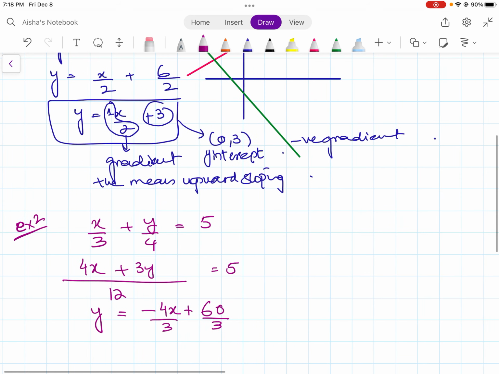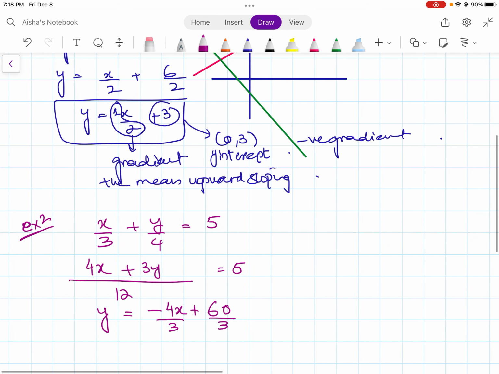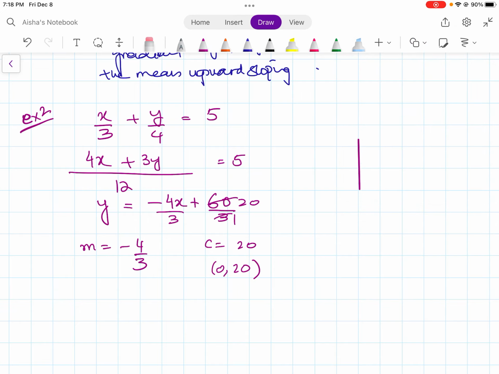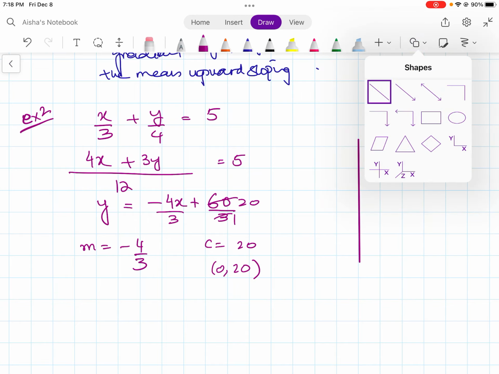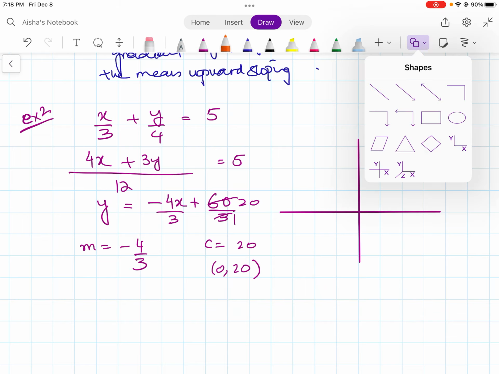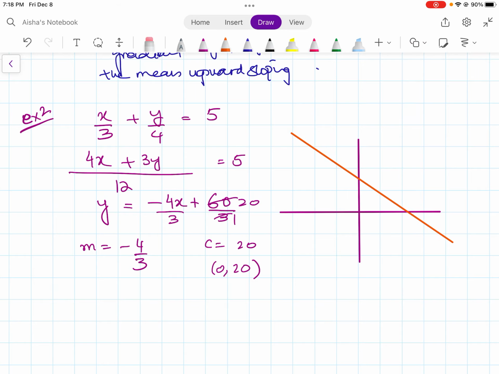So we know from this equation that minus 4 upon 3 is the gradient and 20 is the y-intercept, which means 0, 20 is the point. So if I draw the graph, it's going to be like this, where this point will be 20.